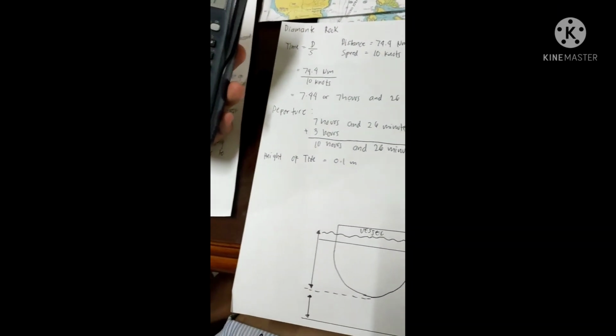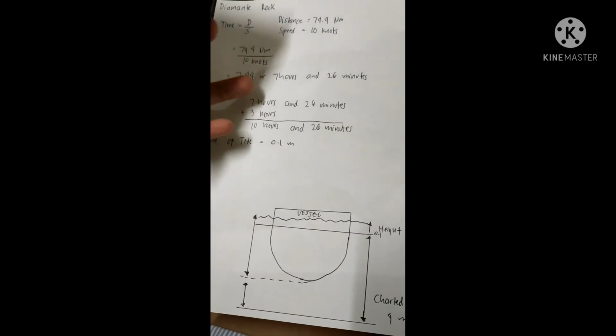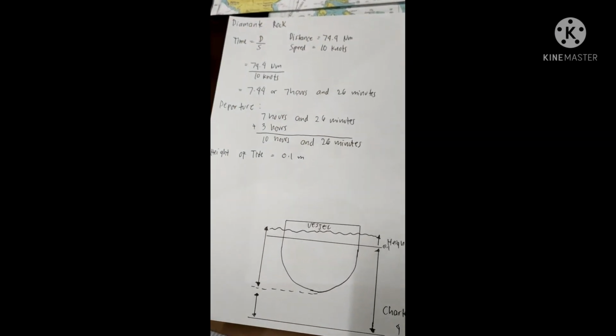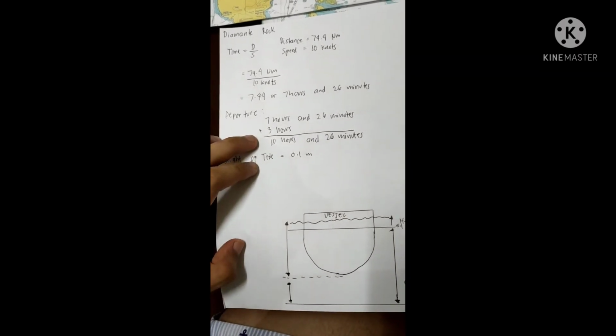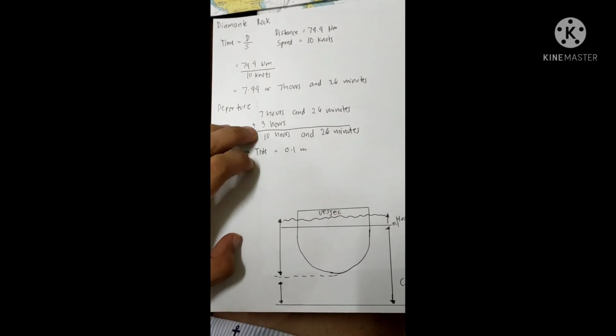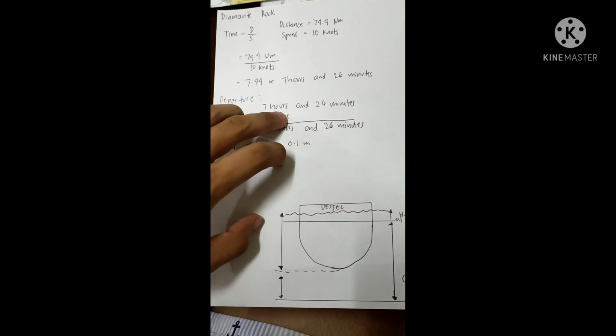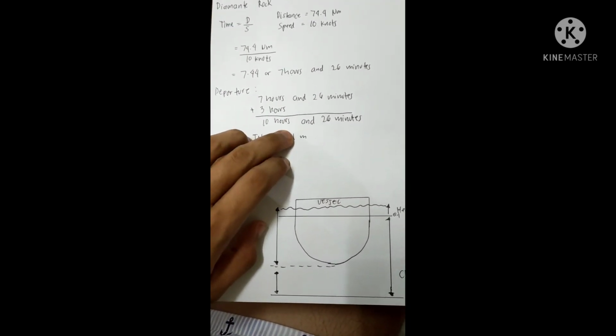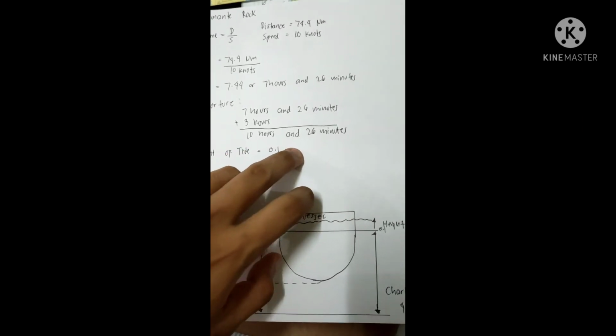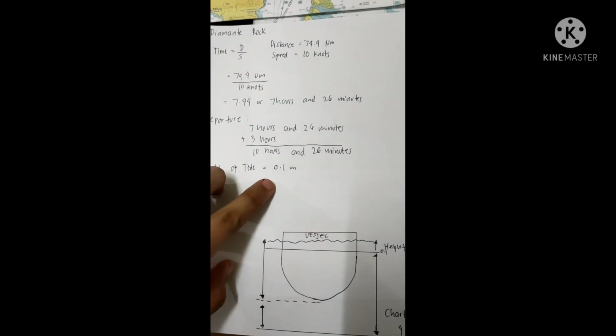So this is the answer, 26. In the departure, we simply add 3 hours to 7 hours and 26 minutes to get 10 hours and 26 minutes.